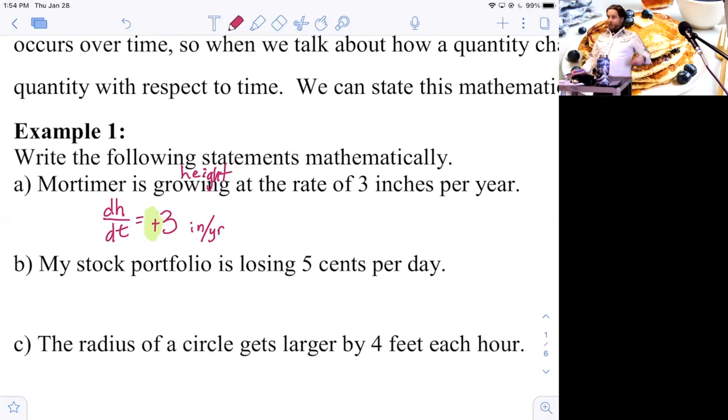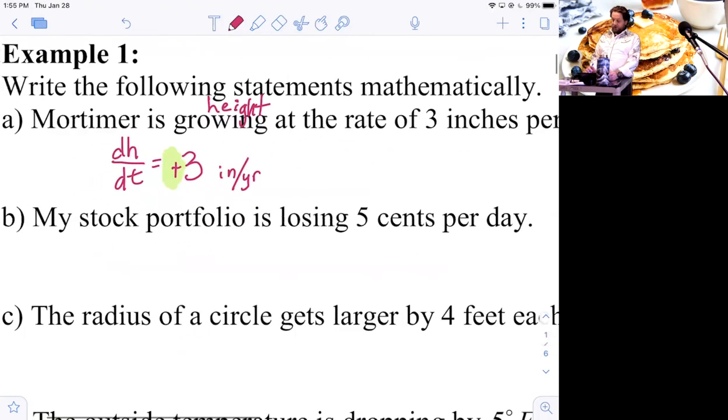Okay, it's that easy. Stock portfolio, losing 5 cents a day. It could be your Goop coin or whatever you called it. I don't know. Yeah, Deutschcoin. Oh, Deutschcoin. Yeah. So let's call it the stock portfolio. Let's call it, how about V for value? The value or the worth. You could use W. A lot of times you get to choose your own variables.